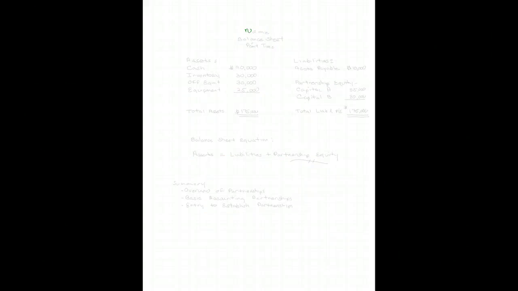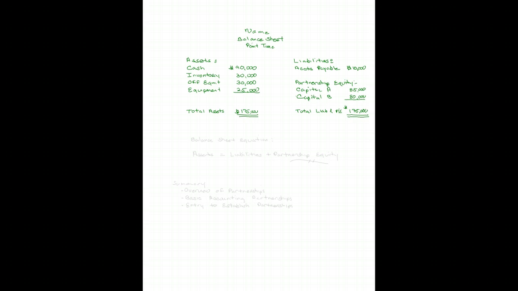How do you suppose the partnership balance sheet would look? Why don't you put this pencast on hold and rattle off a little partnership balance sheet and let's see how you do. Welcome back. How did you do?